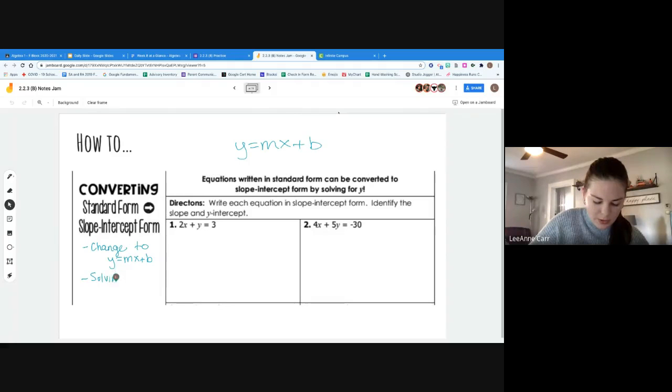Oh, I should just write solve. Okay, so I want you to think about it like we're solving for y. You have to get y all by itself. If you go back to our y equals mx plus b, y is on the left-hand side all alone. Okay, and that's what we want. And in order to do that, we are going to follow SAD maps. So just like solving any other equation, we do PEMDAS backwards.